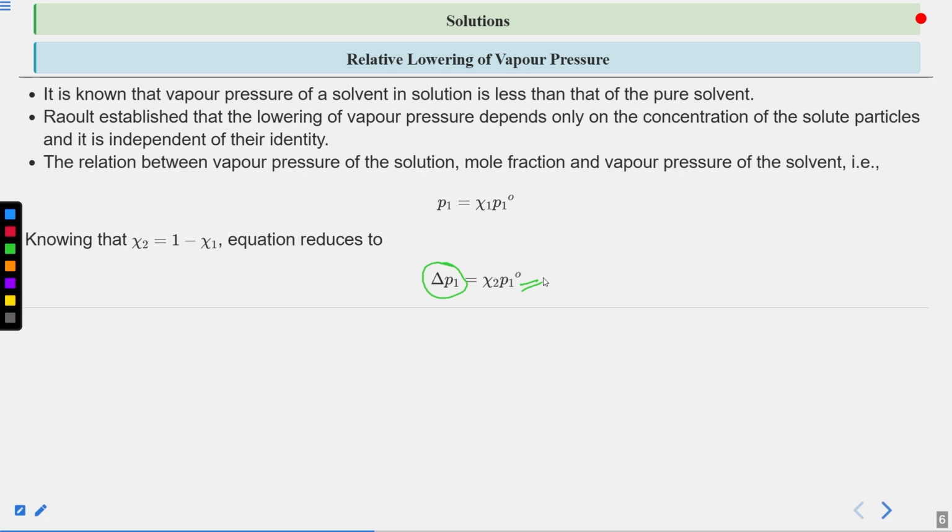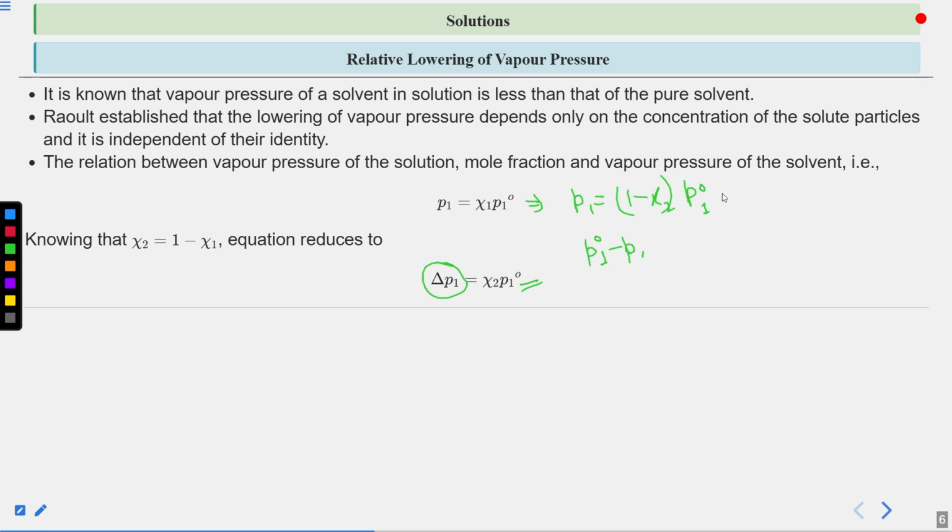Okay. So we can write that the change in P1, delta P1, equals P naught 1 minus P1. This is just a calculation that we have done from here. So P1 equals 1 minus chi2, times P naught 1.